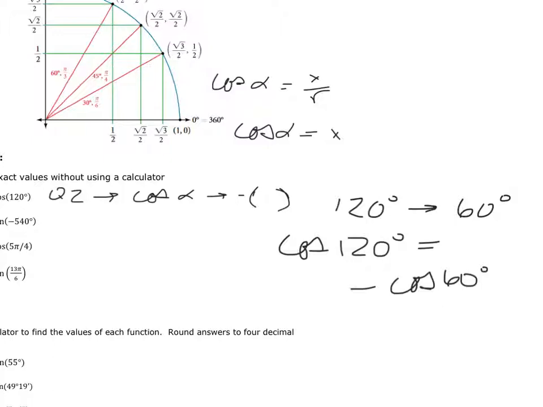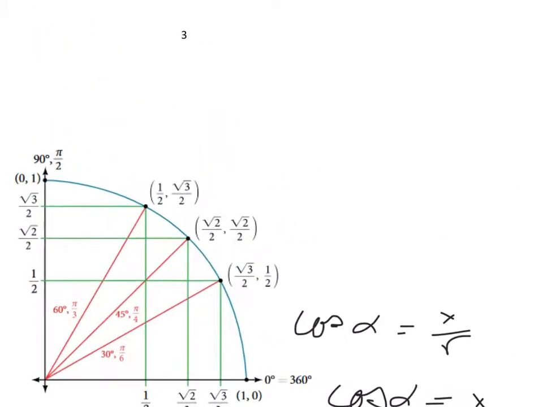So I come up here to this quadrant, because this quadrant will give you everything that you need. You just need to remember to put a negative or a positive on it. You don't have to do any work if you have this first quadrant. So I'm looking for the 60, and here's where my 60 is. The cosine, as we know on the unit circle, is just the x value, and so it's 1 over 2.